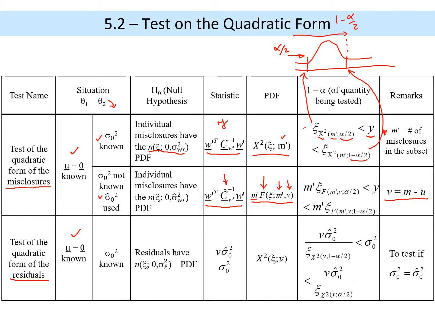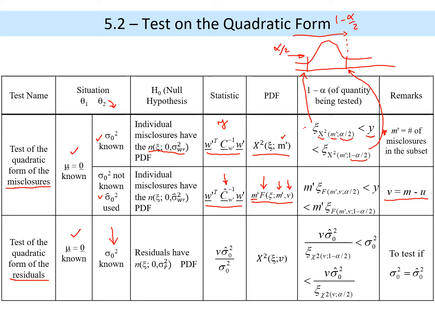And now we can look at the test on the quadratic form of the residuals. And we have the situation that the a priori variance factor is known.